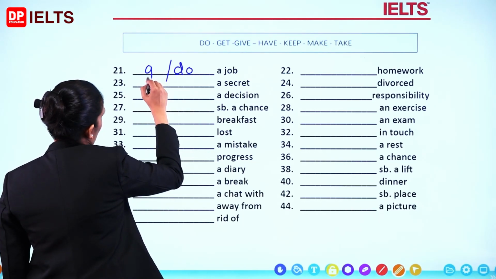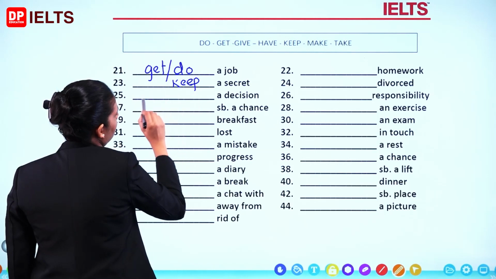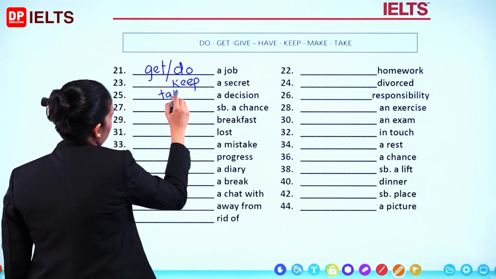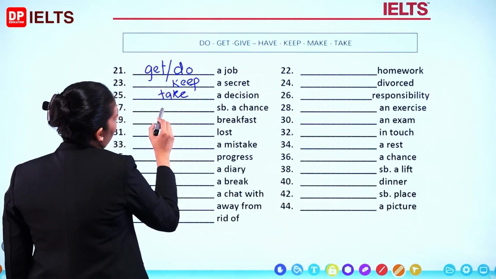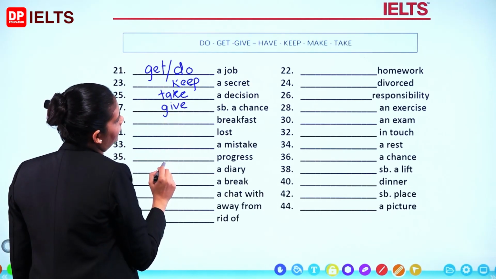or you can say get a job, keep a secret, take a decision, give him a chance, give her a chance, okay?